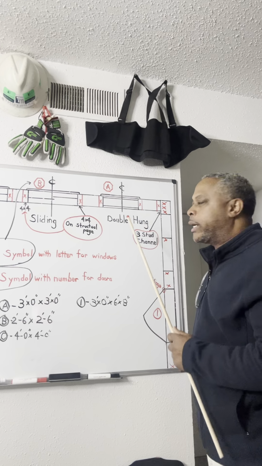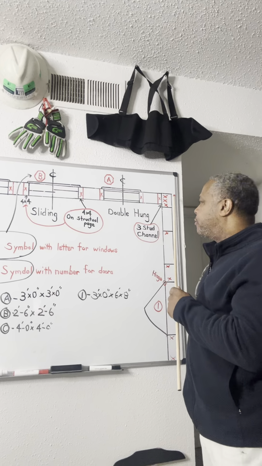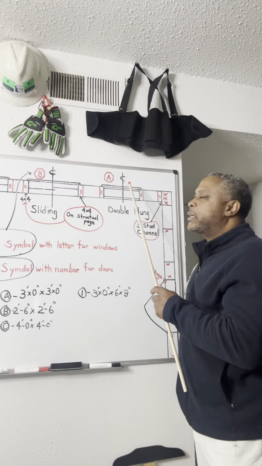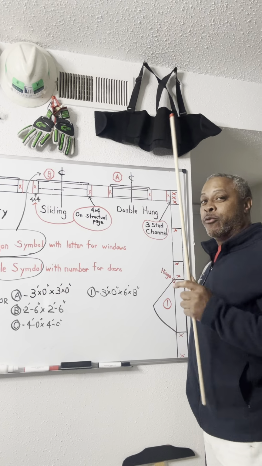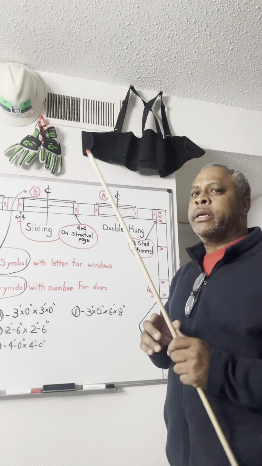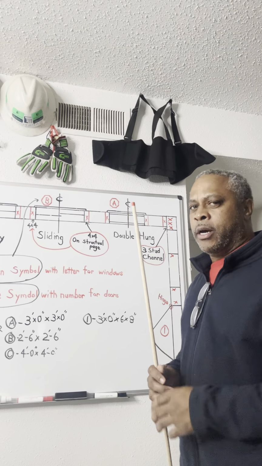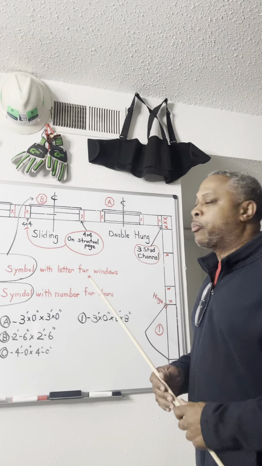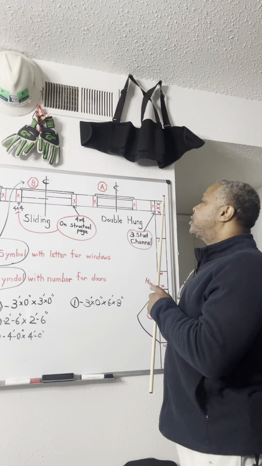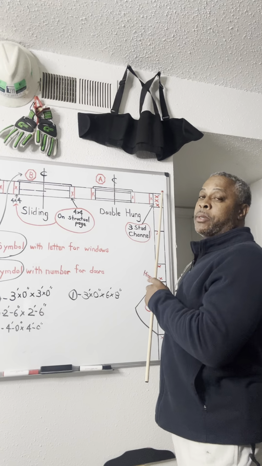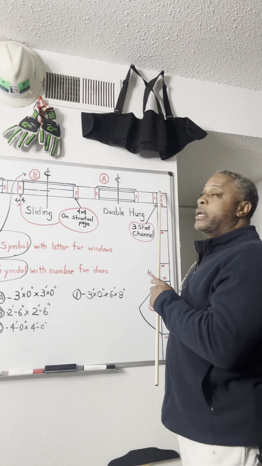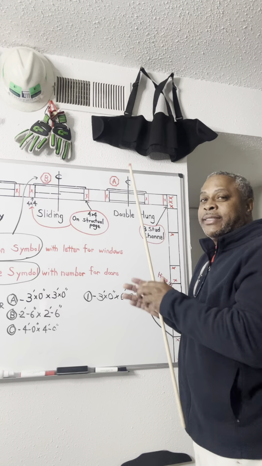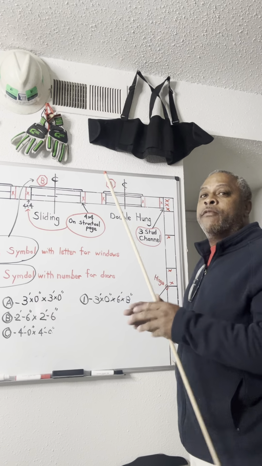The dimensions taken from the outside of the wall here are going to be given to the center. And remember this, a key important thing to be mindful of when looking at plans: a lot of blueprints go from the outside wall to the center, and then you divide that measurement for your window.